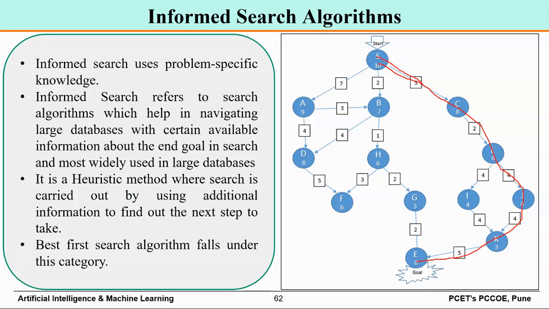The second route could be this one, and there is another route. There are so many routes basically. For each route, you will find out the alternatives for how you can reach the destination, and that will be your best. Such types of problems can be solved by using informed search algorithms.